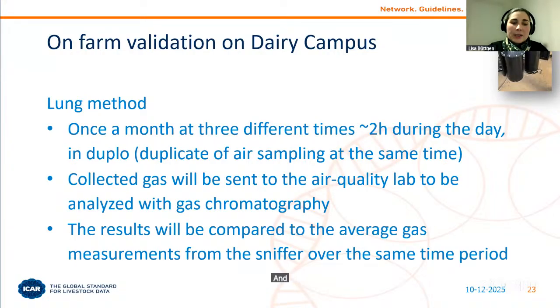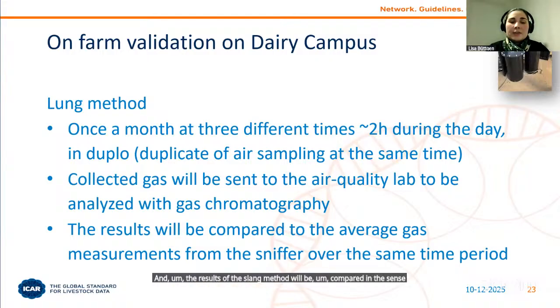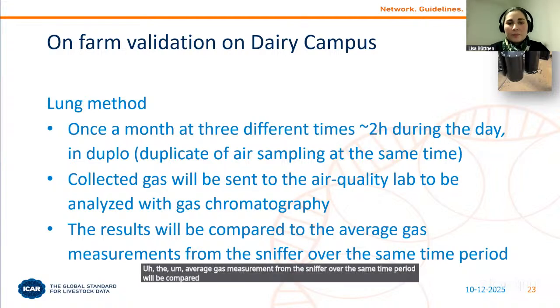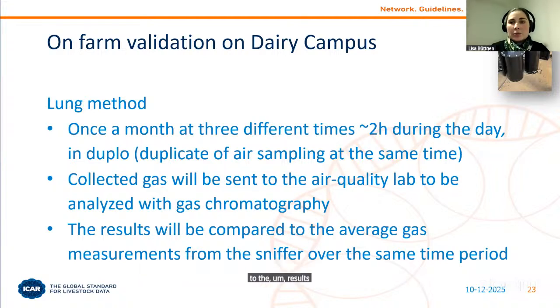And the average gas measurements from the sniffer over the same time period will be compared to the results from the gas chromatograph from these sampled bags.